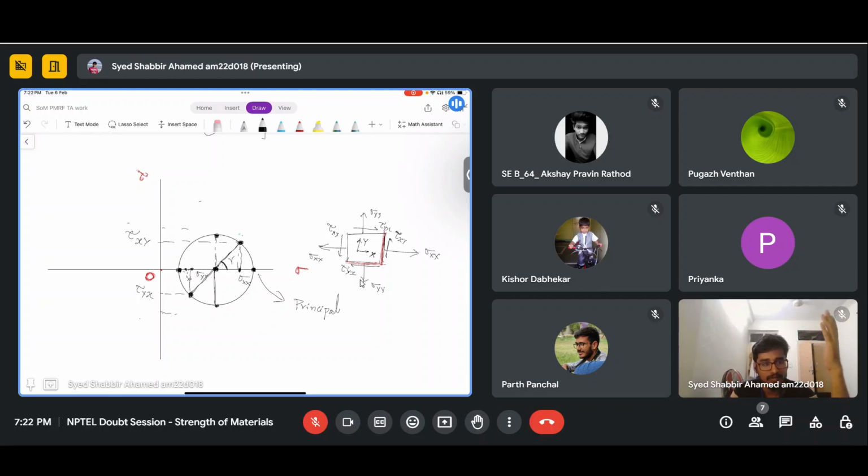Here you can see there is some normal stress, and also shear stress is maximum. But whenever we come to principal planes, the normal stress is the only component which is present, and shear stress is 0 at both these points.